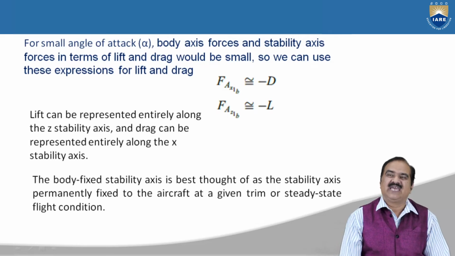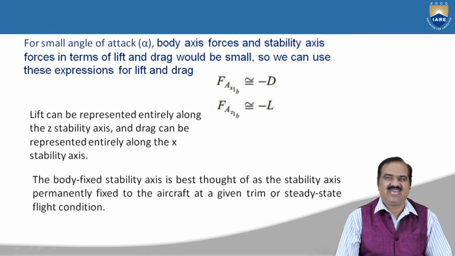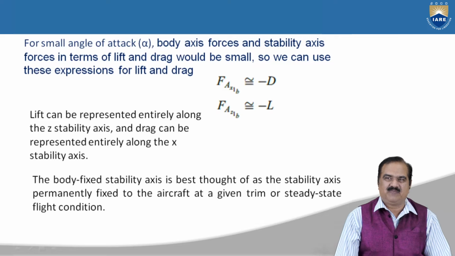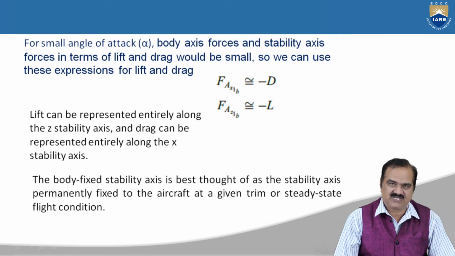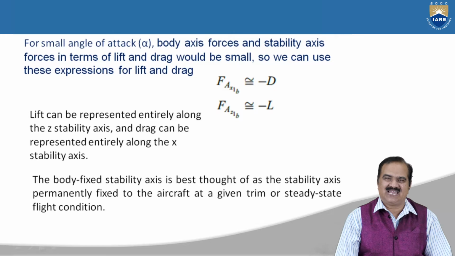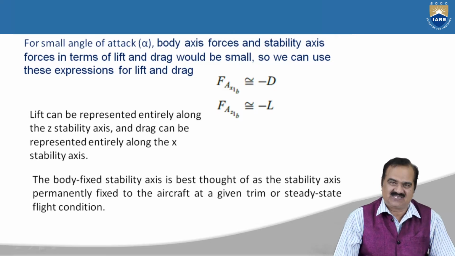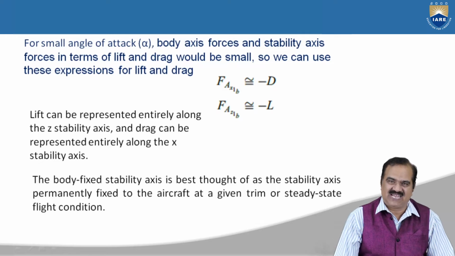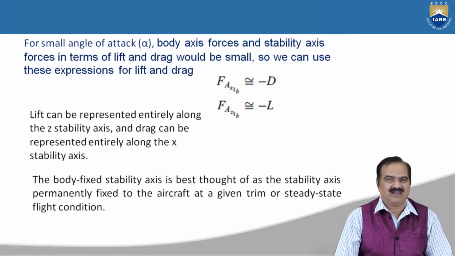So it is represented here as Fax1b, which is approximated to minus D, and Faz1b, which is the vertical force, also called the lift. This lift is shown as a minus L, as already explained, because it is opposite to the weight. Weight is always considered a positive direction as per our consideration.